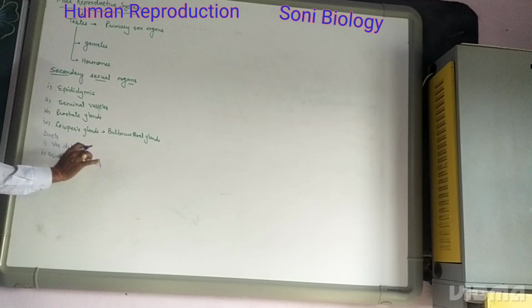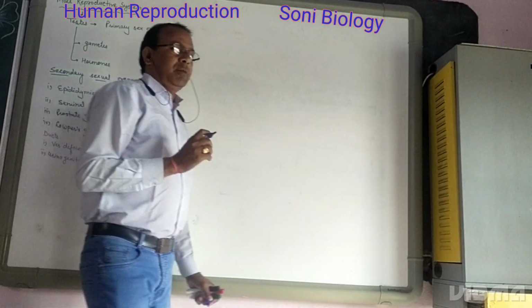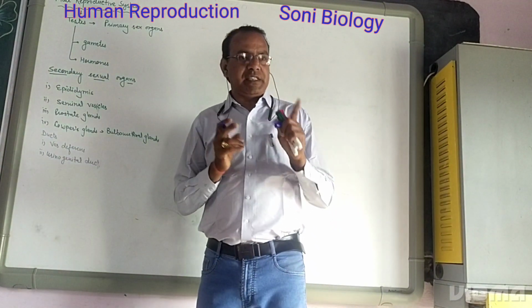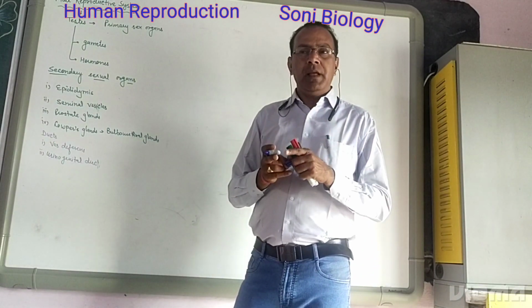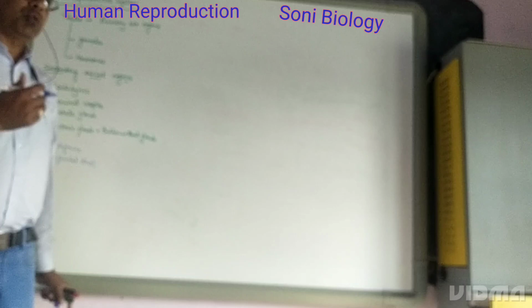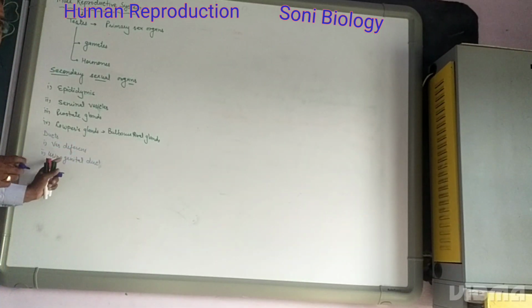In human males this duct is called the urinogenital duct because it is responsible for passing urine as well as sperm. In females there are two openings, but the male has a single common opening, so urine as well as sperm is passed out through it.